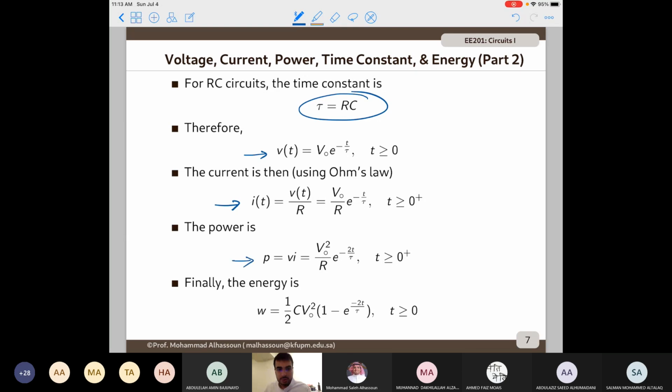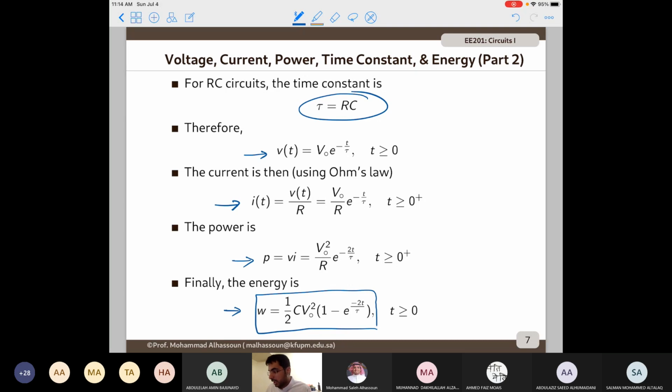Power, again, is V multiplied by I. The energy, you need to integrate the power from 0 to infinity. And in this case, you should get something like this. And remember, this is the energy delivered to the resistor. This is not the energy stored by the capacitor. The energy stored by the capacitor is 1/2 C multiplied by V squared.